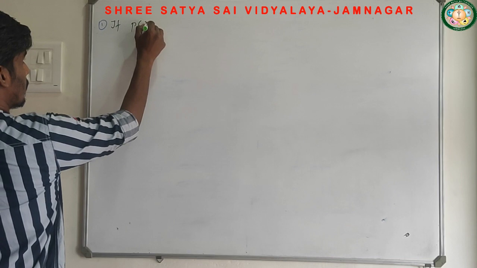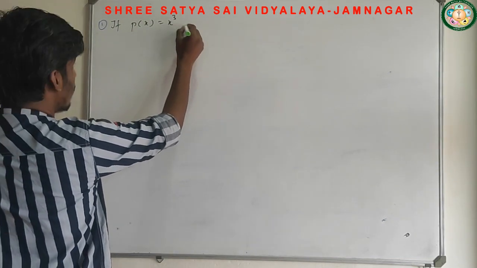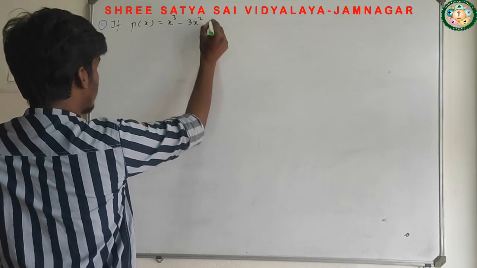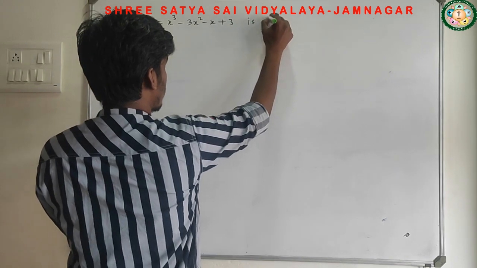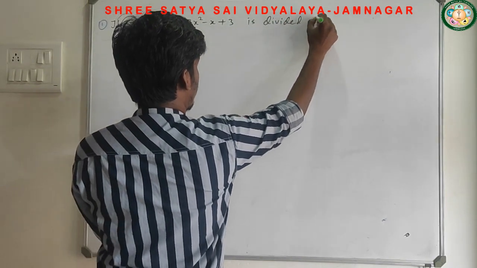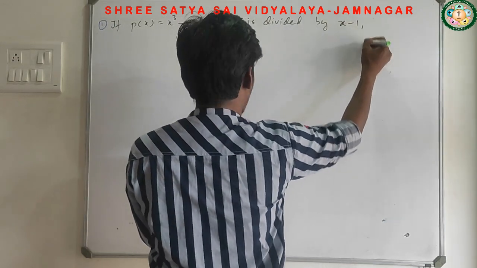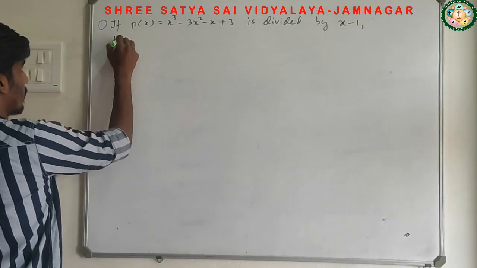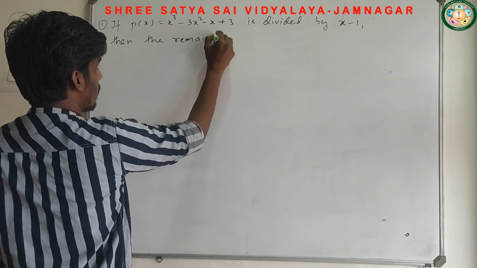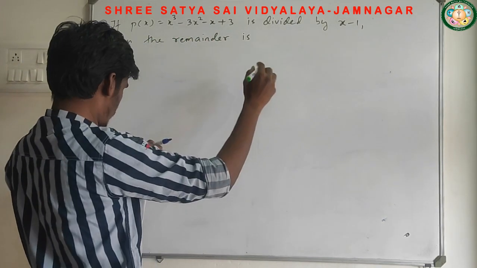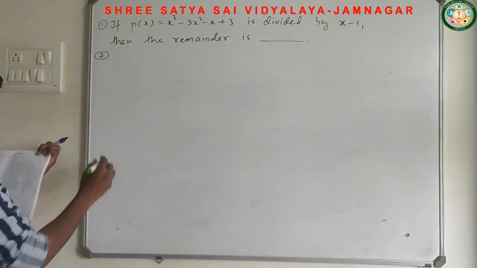If p of x equals x cube minus 3x square minus x plus 3 is divided by x minus 1, then the remainder is dash.